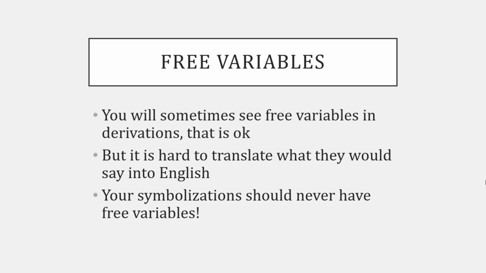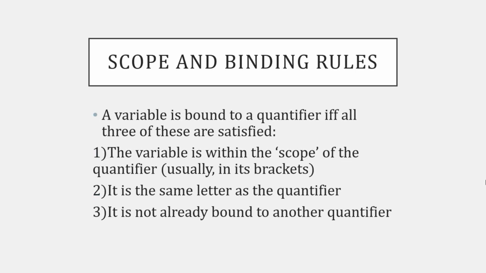Okay, good with that? That was scope and binding rules. So just to review, these are the three scope and binding rules we just looked at. These define the necessary and sufficient conditions for a variable to be bound to a quantifier. The variable is within the scope of the quantifier. Typically, it's within the brackets right after the quantifier. I mean, there will be some atomics, but mostly brackets immediately after the quantifier.